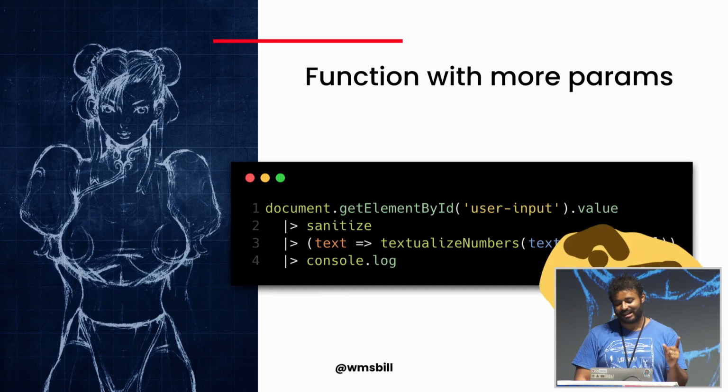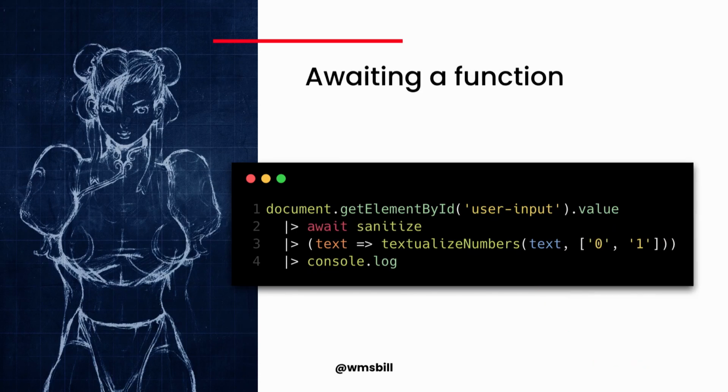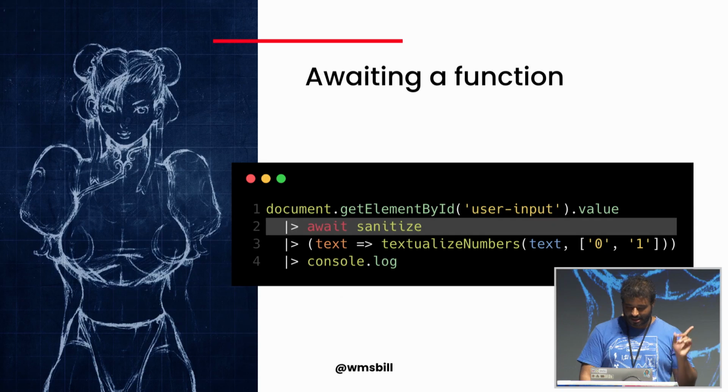And what if the sanitize function needs to process the entry on the server? So I can await this. But it's tricky because it's not clear how this line would desugar.